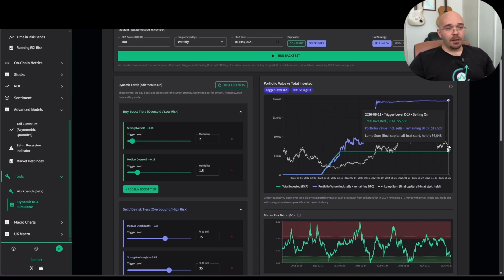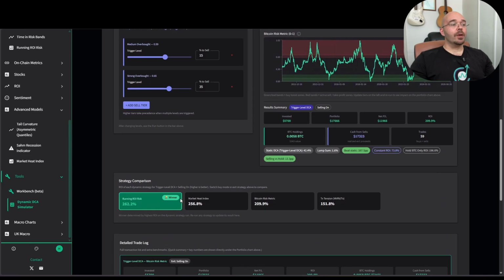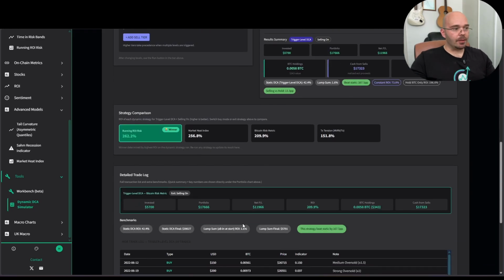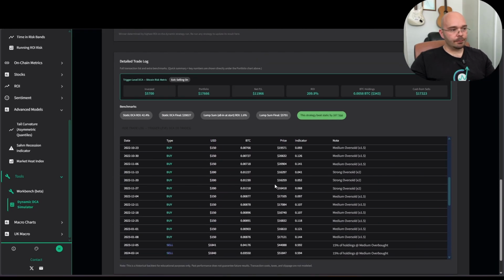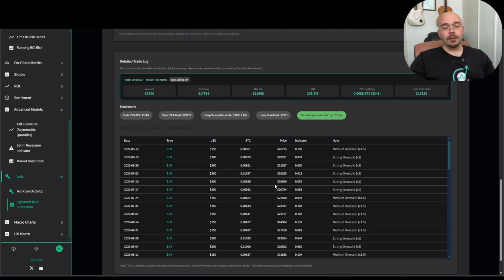So that's 5.5 grand invested and 17.5 grand return, which is 209%, which is not the clear winner because the winner is the running ROI risk, which is actually an indicator that I created about 2 days ago. So hooray for me. I'm rich and clever and bald and getting old. But, you know, at least I've got glasses.